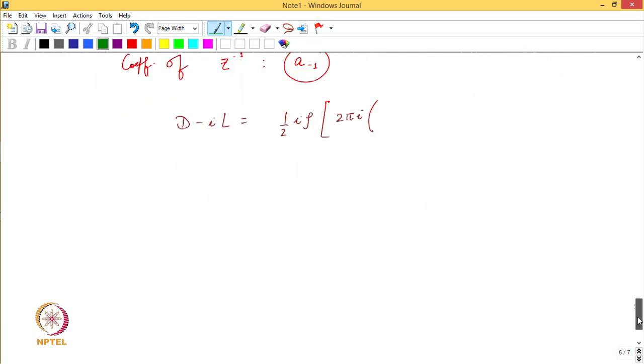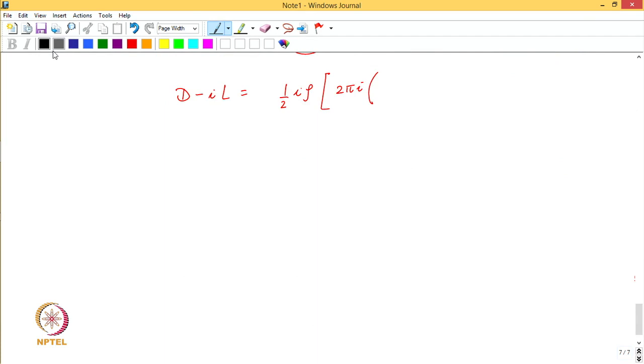So, this is a minus 1. We bring it here. So, we say that this would be 2 pi i times the residue, which is i u gamma by pi. This is the residue of w square.